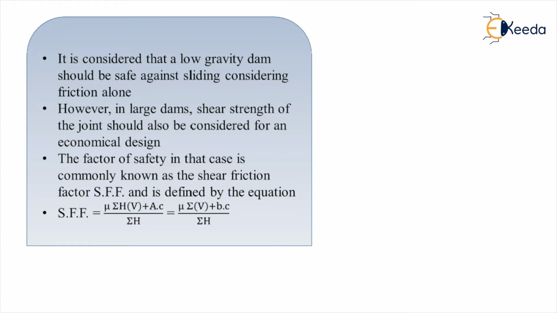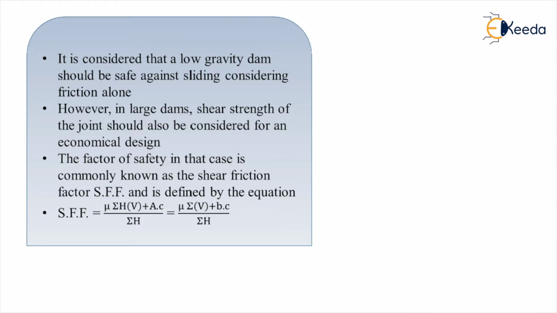When the shear strength of a joint is considered, then we have to find out the factor of safety, or we can say the shear friction factor. It is calculated by the given formula, that is mu into summation of vertical forces plus A. A is nothing but the area of a joint.